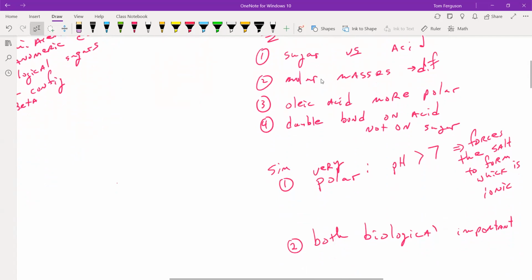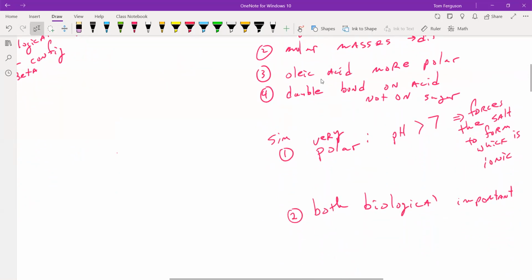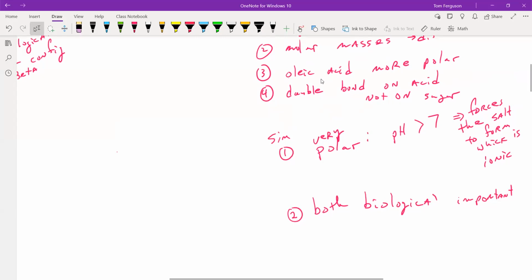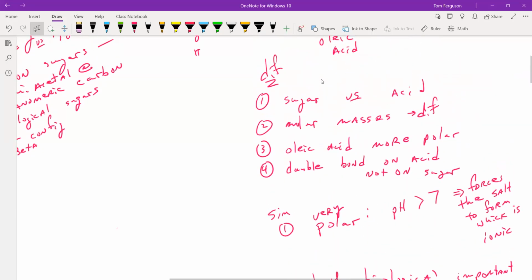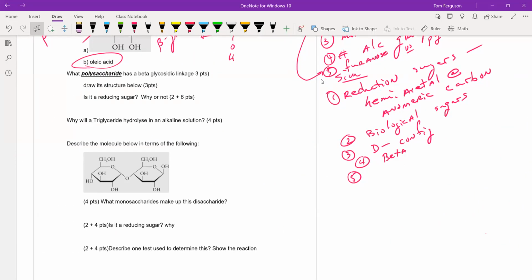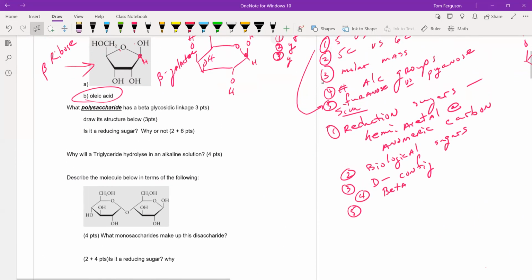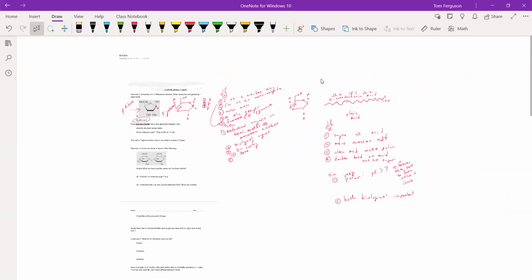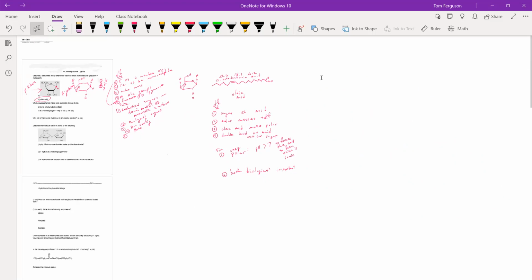Can anyone think of any other similarities? Okay. I'm going to make this smaller.